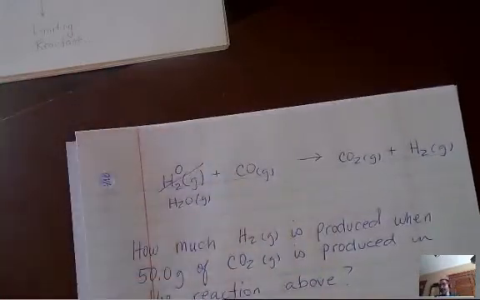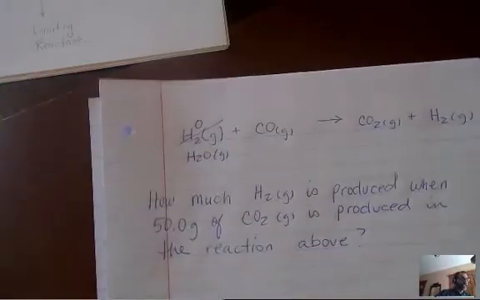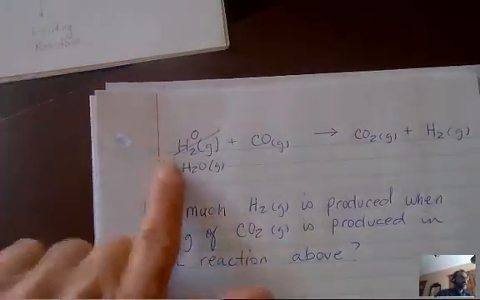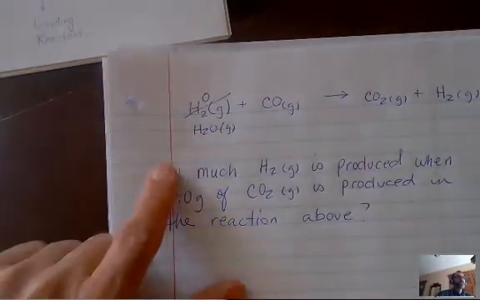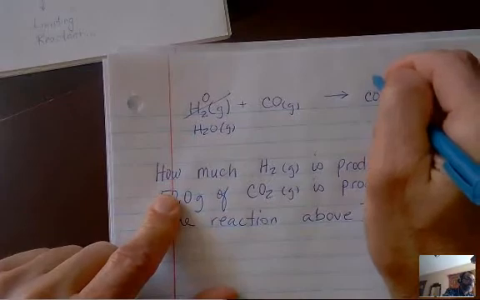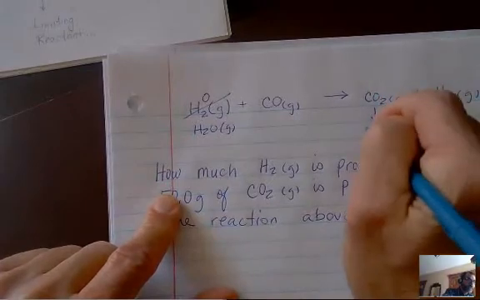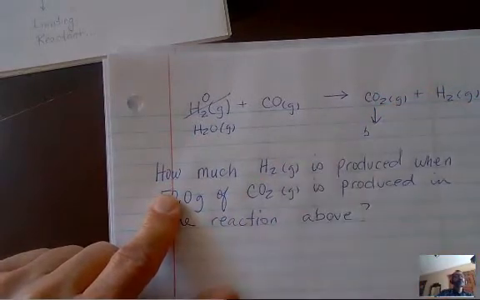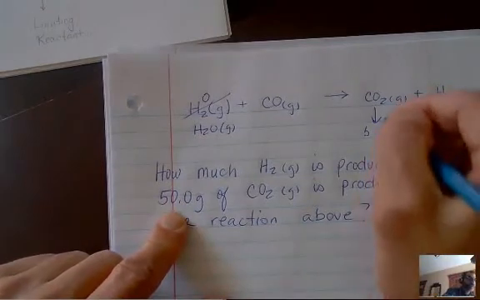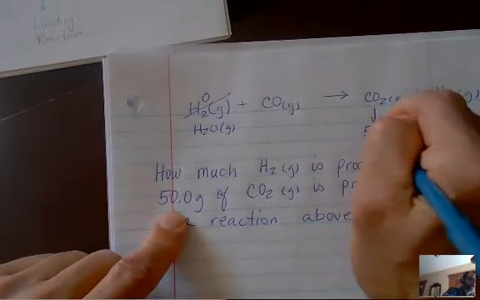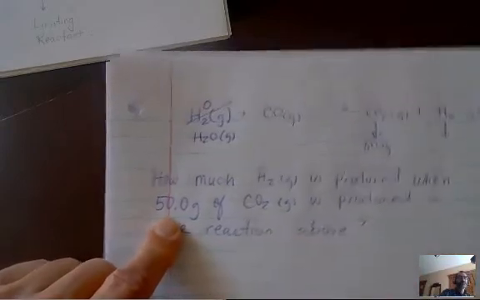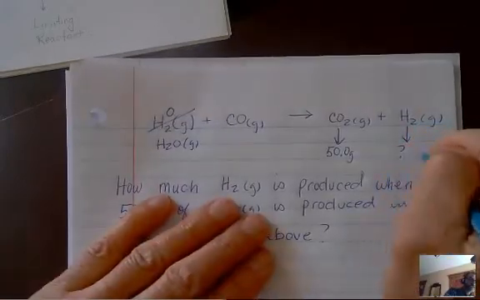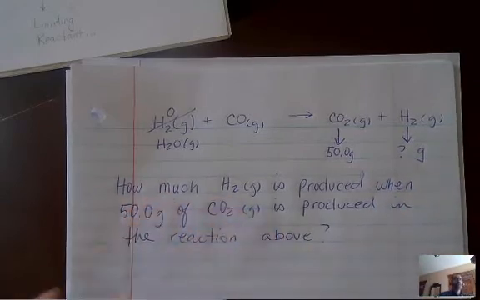Okay, so let's label everything. What did they give us and what are they asking for? You've got your balanced chemical reaction up here. Okay, so 50 grams of this is what was produced here. How much hydrogen is produced when 50 grams of this is produced? So 50 grams of this is coming out. This is what they're asking you about. So put a question mark, and what do they want to know it in? They want to know it in grams.